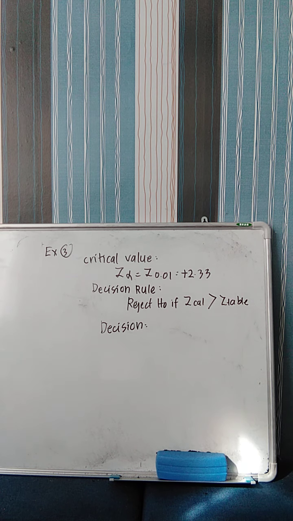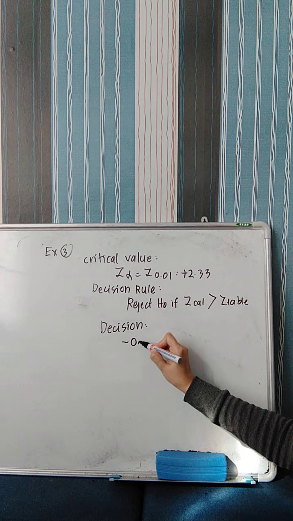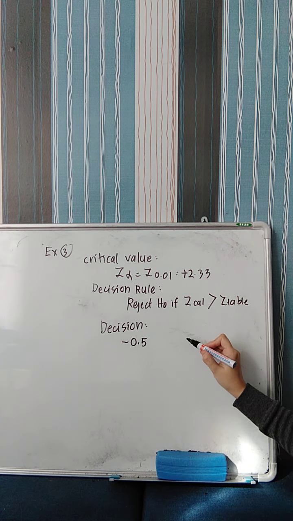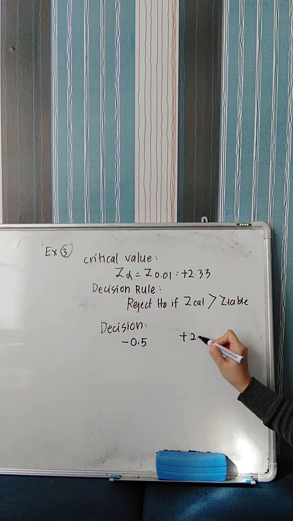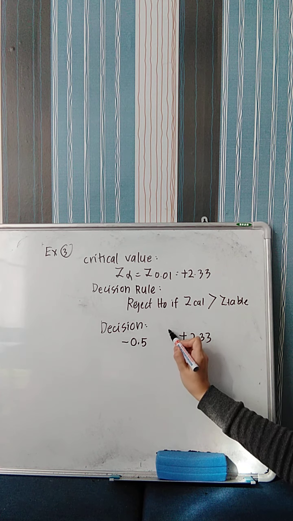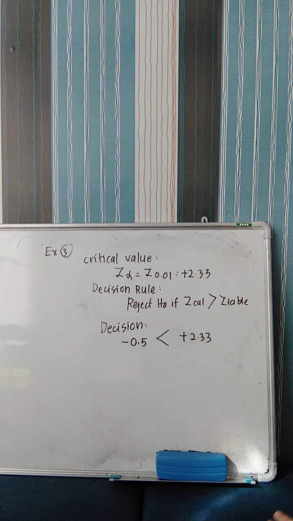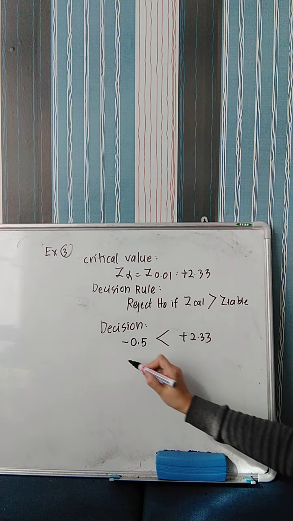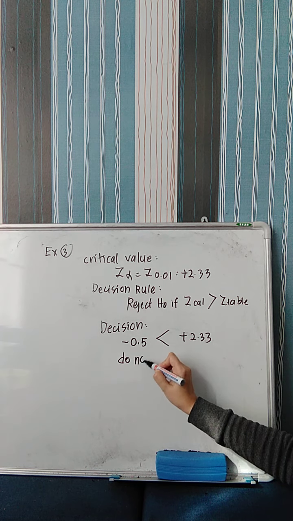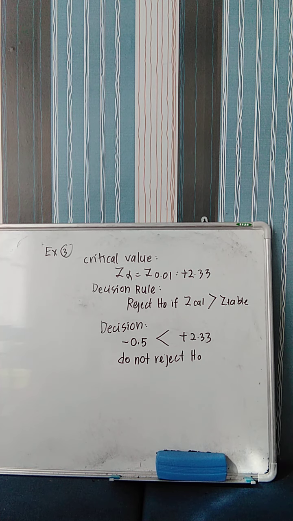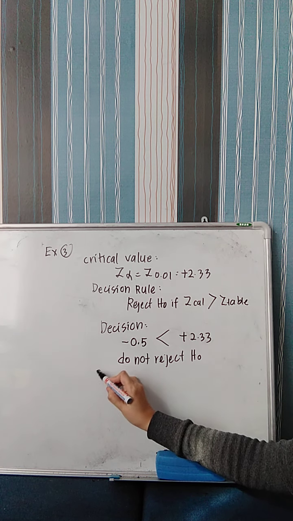The value you calculate using the test statistic is negative 0.5, and the critical value is positive 2.33. Compare: less than or more than? This is less than. Reject if more than, and your answer is less than, so do not reject H null.